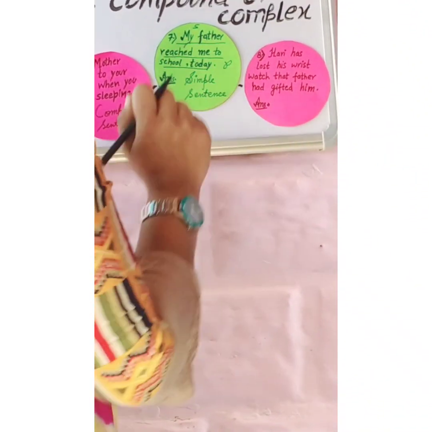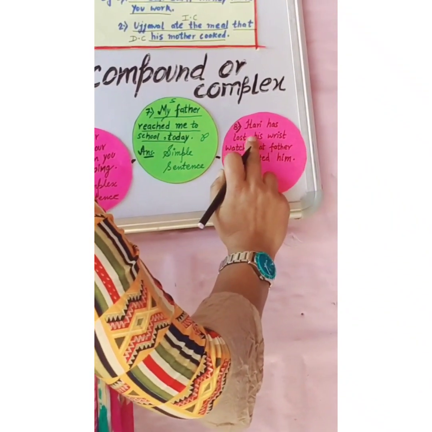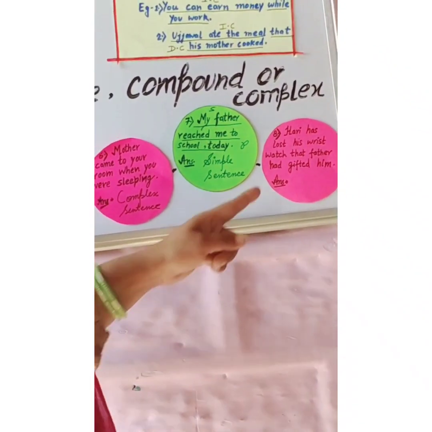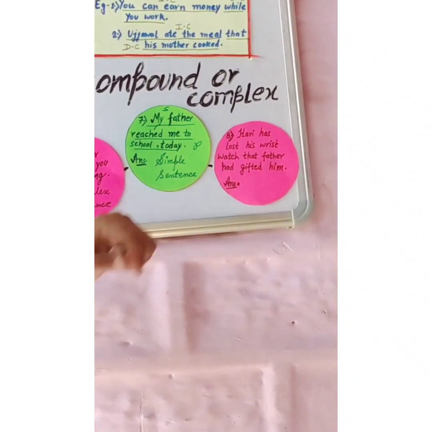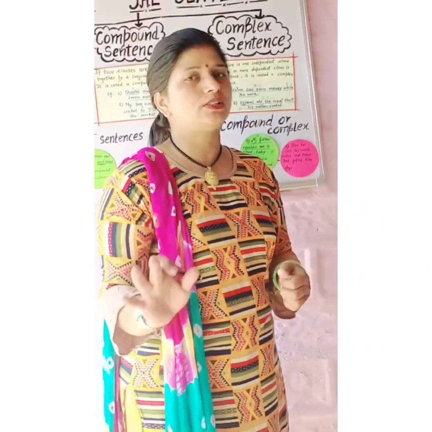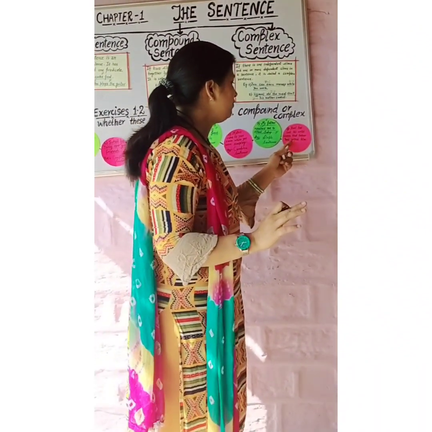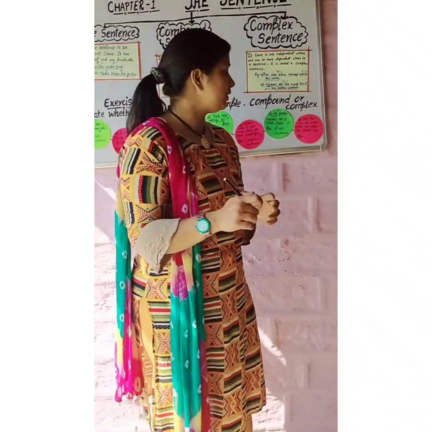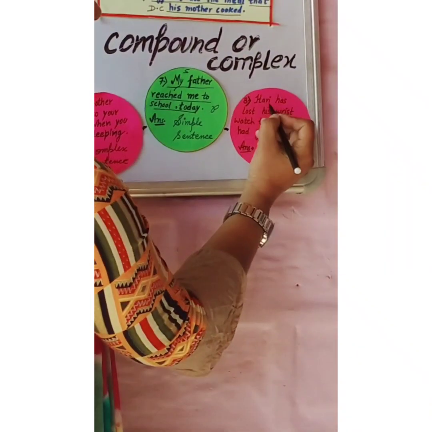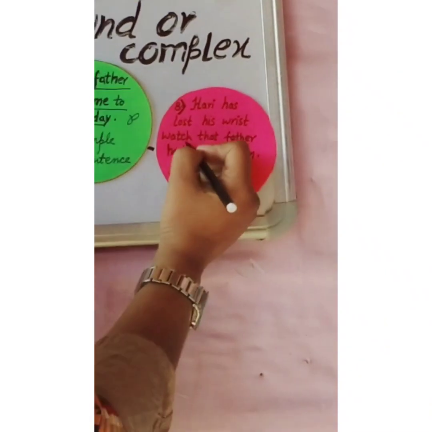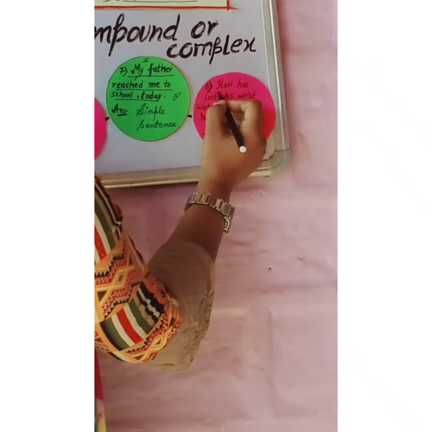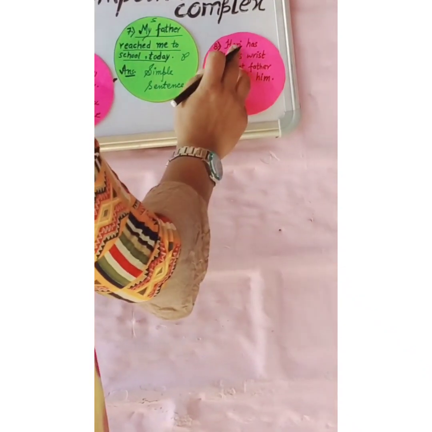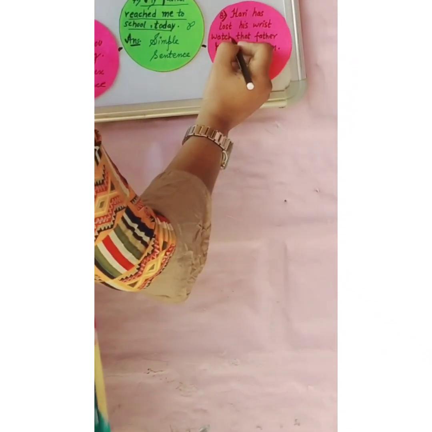Okay. Now coming towards the last one. Hari has lost his wristwatch that father has gifted him. Hari has lost his wristwatch. This clause is making proper sense. It is an independent clause.